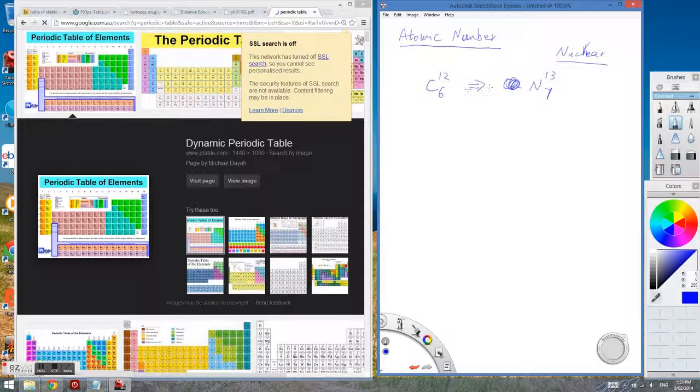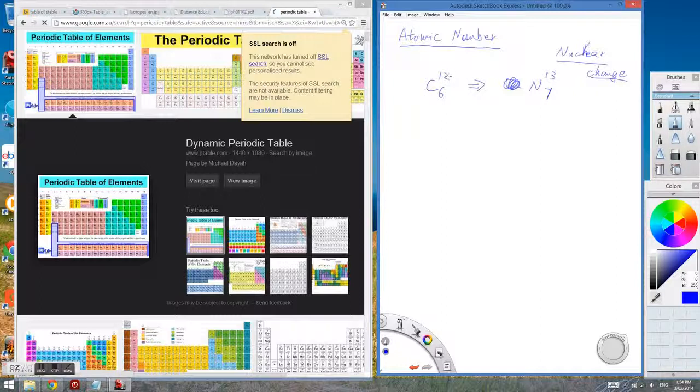It's different from chemical changes. A nuclear change changes the number of protons or neutrons in the nucleus. But the main thing is, when the atomic number changes, the element changes. So atomic number is really important.